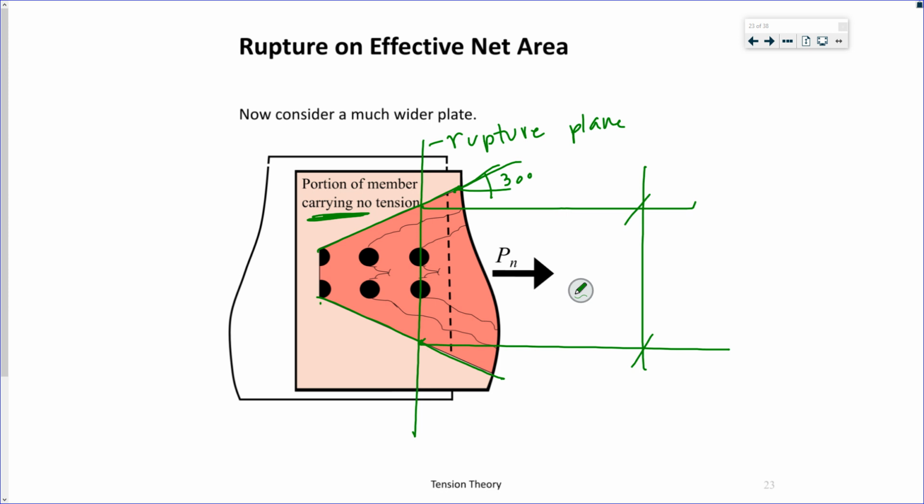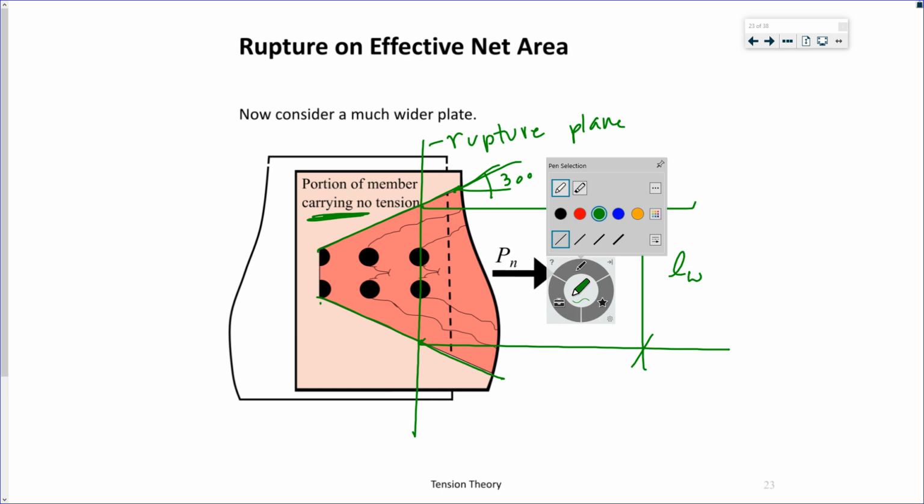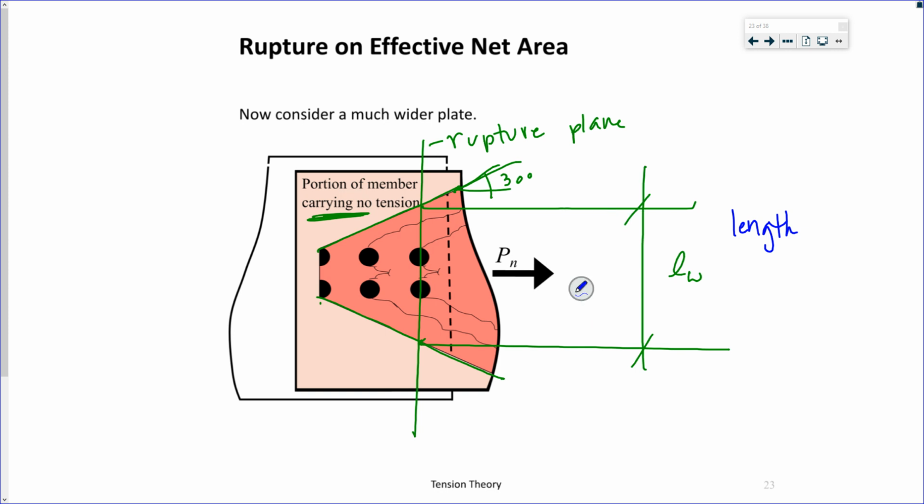This is called LW. This is called the Whitmore section, the section that's actually actively resisting.